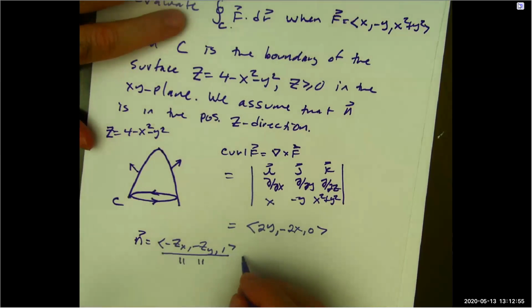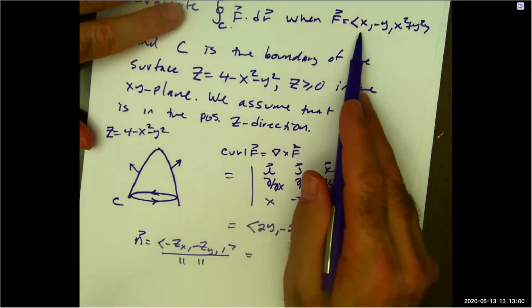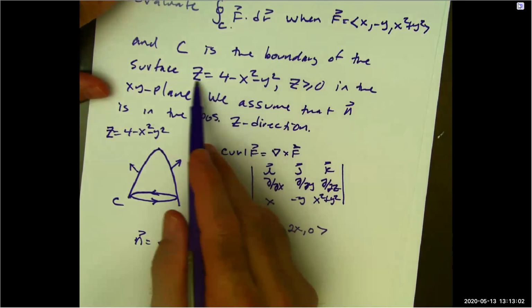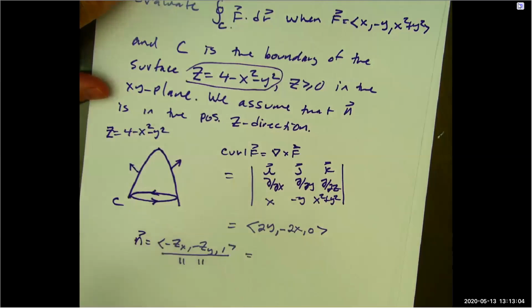And so in this case, what we're really interested in is our surface here. So the minus zx is going to be minus a minus 2x, so this is going to be equal to 2x. And then we're going to have 2y. And then we're going to have the 1 divided by that magnitude part, which is going to cancel anyway.